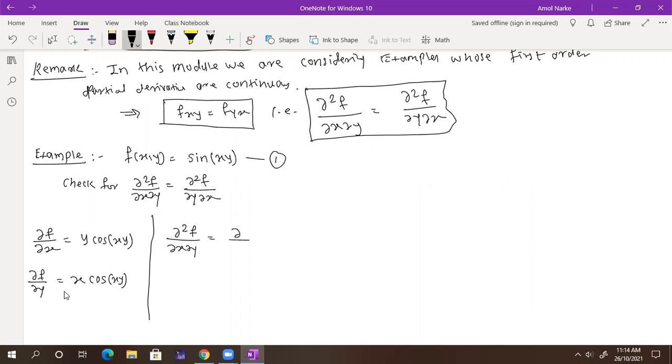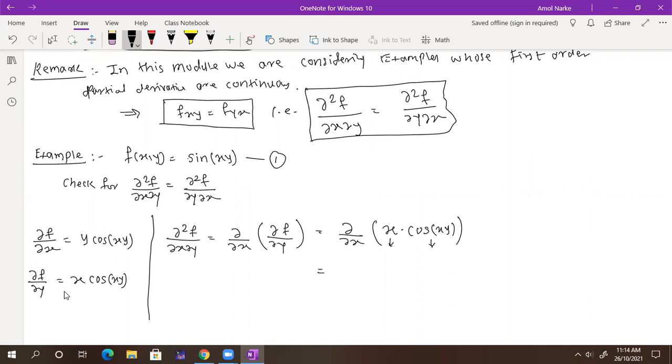So we have ∂/∂x of ∂f/∂y, using the definition of the mixed derivative. The value of ∂f/∂y is x cos xy. Now how to evaluate that? Partial derivative with respect to x: here we have a term of x and here also a term of x, so we need to use the product rule.